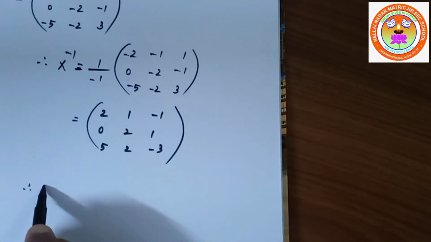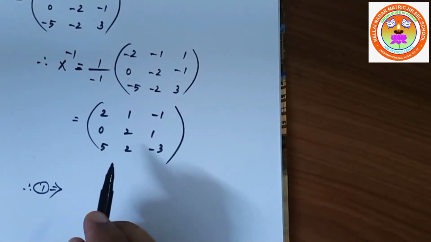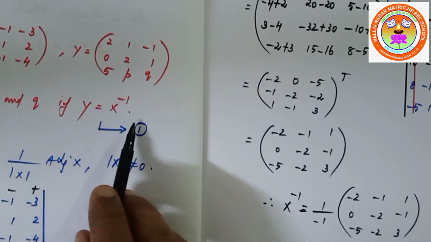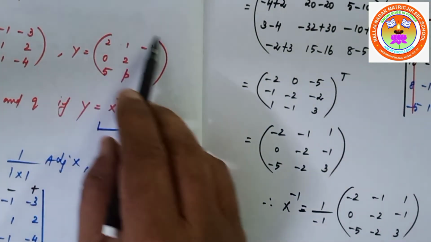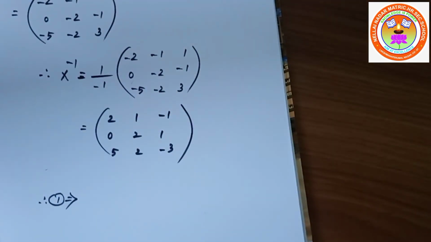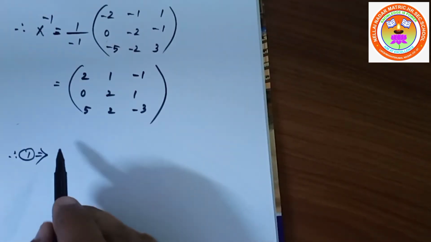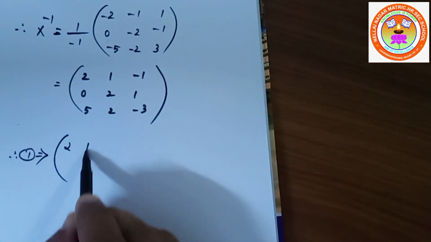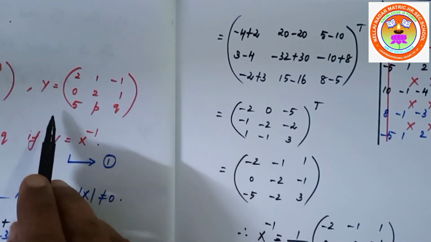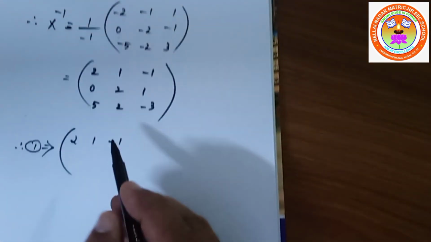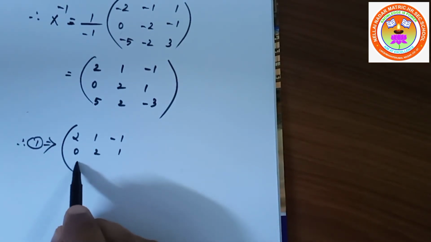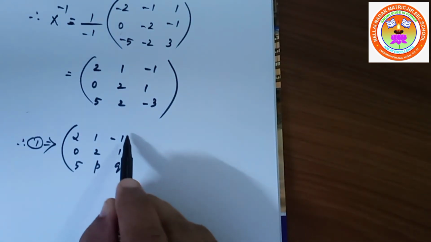Now equation number 1 implies, equation number 1, what is here? Y that is equal to X inverse. Y matrix here it is 2, 1, minus 1; second row 0, 2, 1; third row 5, p, q.